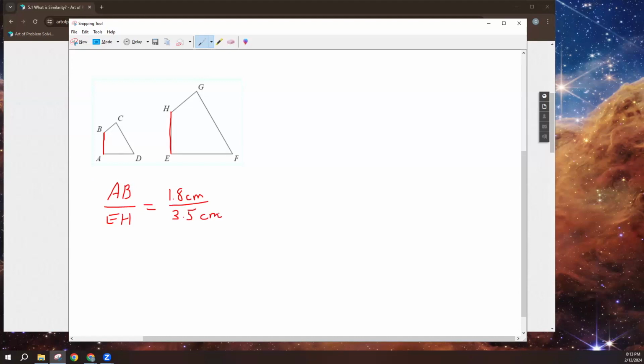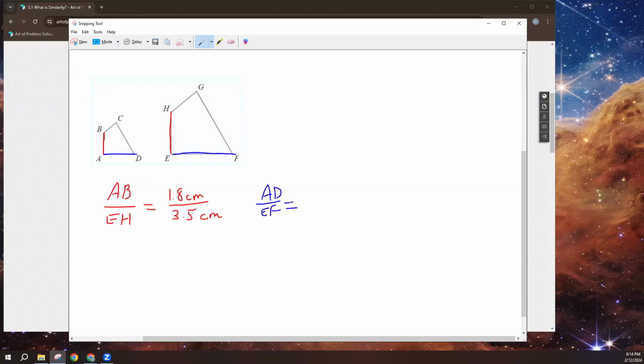Now, if we were to do that again in a different color with a couple of different side lengths, maybe I would try something like this down here, AD and EF. So I do something like this, the ratio of AD over EF, and measure that.